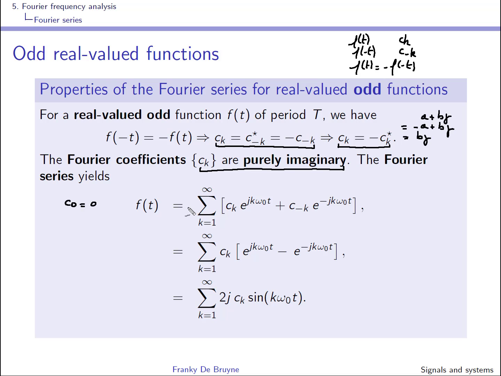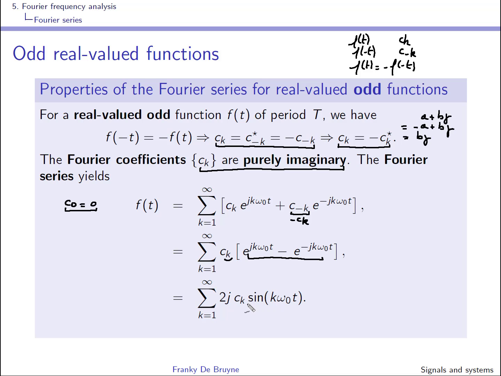So it's not that I forgot to put it over here, it's simply 0, and you'll have otherwise the same sum, and this one now is -ck. So we can put the ck in front, and we can use the consequence of the Euler identity, and this is 2j times a sine.